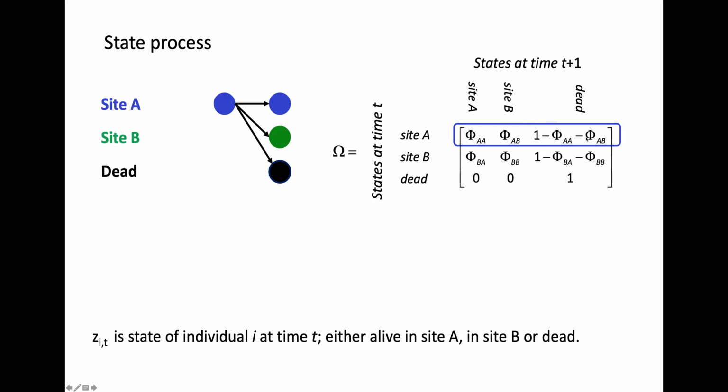So you see how useful this matrix is, because conditional on the state at t, you can get the probabilities of being in any state at t plus 1 by just picking the relevant row in this matrix, knowing the state at the previous time.